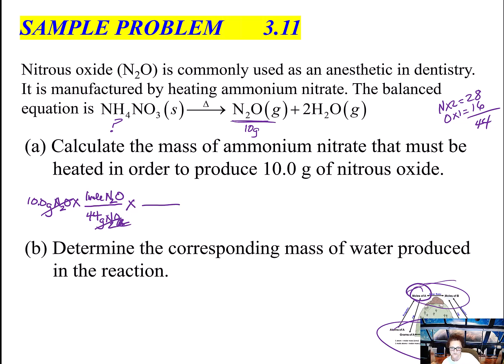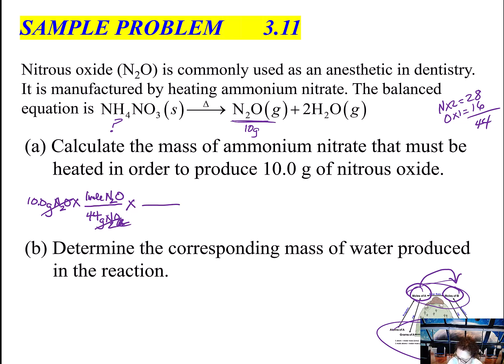That's going to get me to moles of nitrous oxide. Then to get from moles of nitrous oxide to moles of ammonium nitrate, I've got to use that molar ratio from the balanced chemical equation. Now in this case, it's 1 to 1. I still write it so I remember what I'm doing.